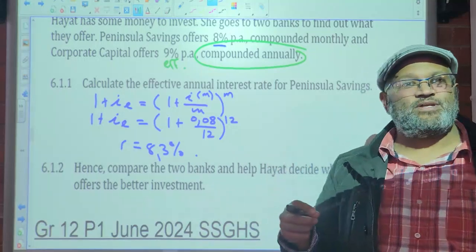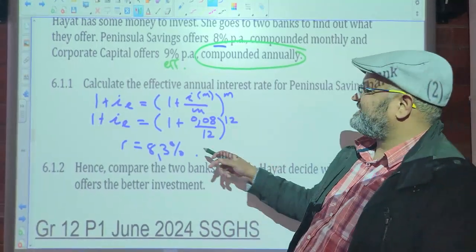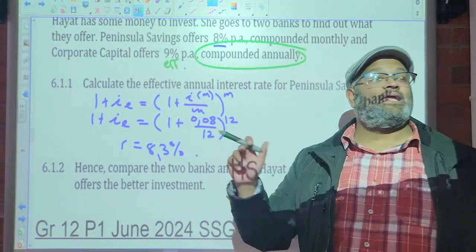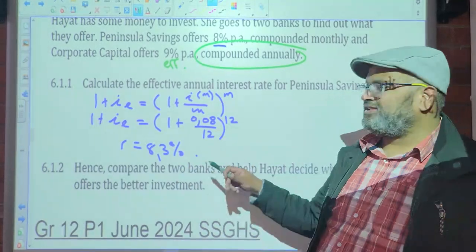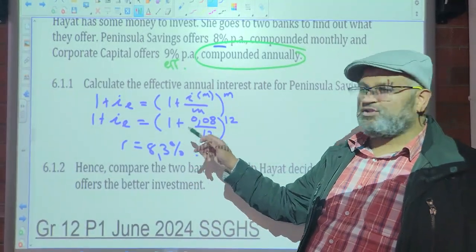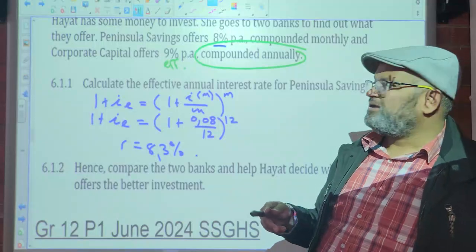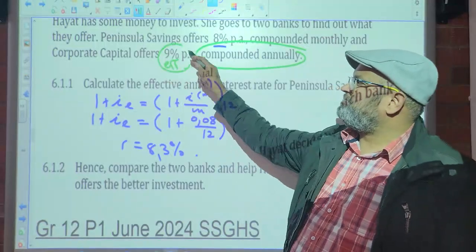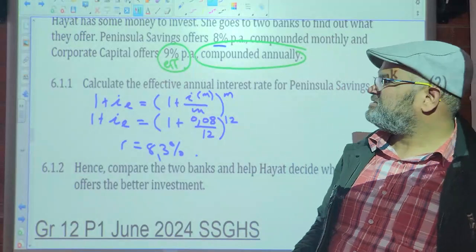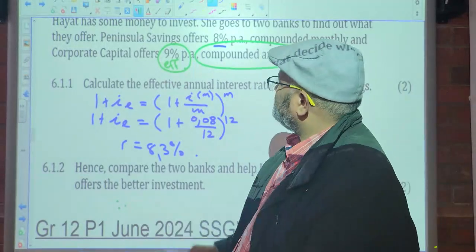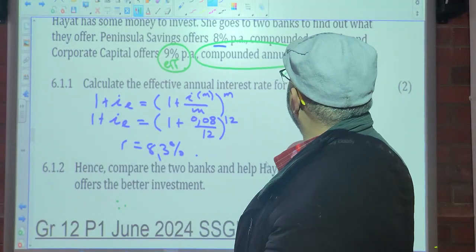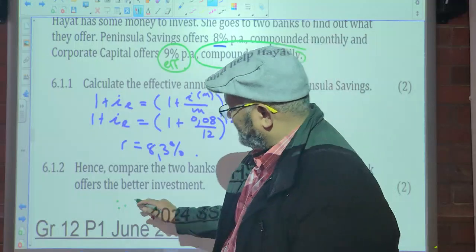If it's an investment, we look at the one that gives a better return. If it was a loan, we would want to pay less. But this one clearly gives you a better investment. So therefore, I should be taking the Corporate Capital.